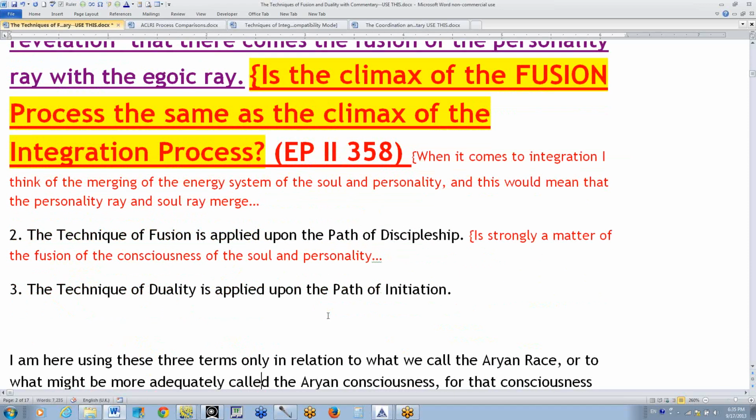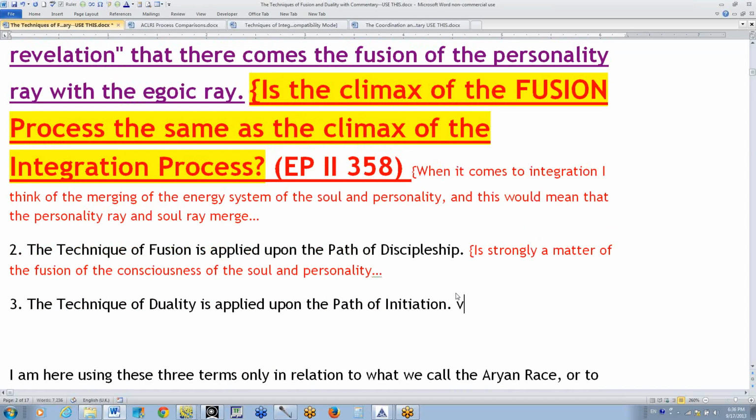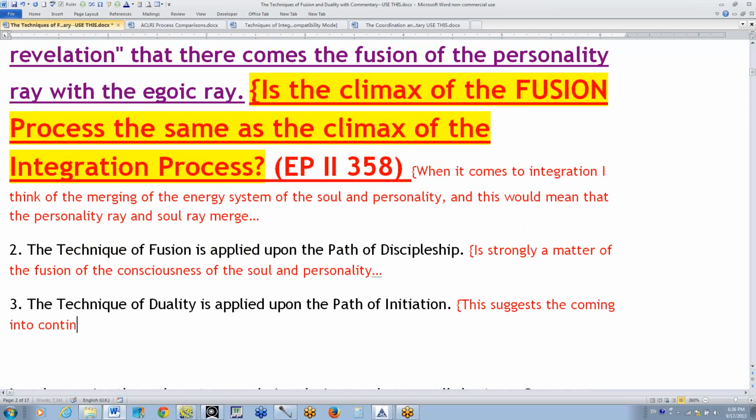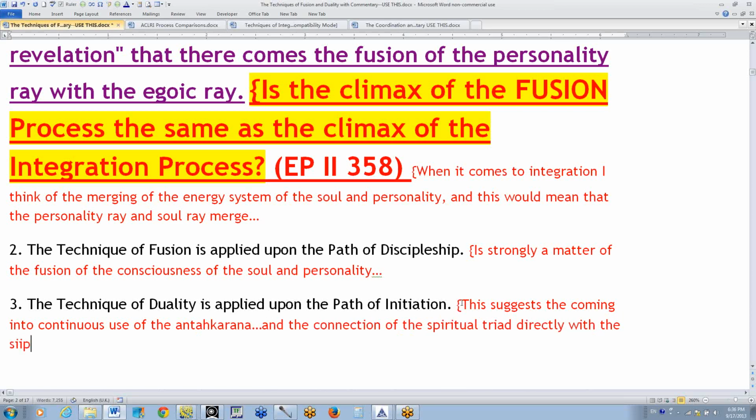The technique of duality is applied upon the path of initiation, and this does suggest the coming into continuous use of the antikarana and the connection of the spiritual triad directly with the soul-infused personality. Soul incarnation and soul-infused personality.